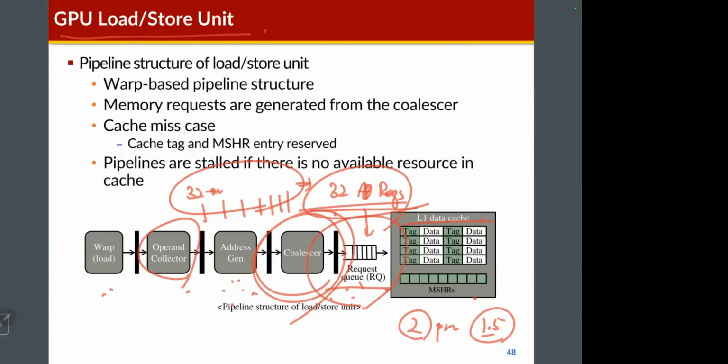I mentioned that GPUs can run 100 or 1,000 threads concurrently, and the problem is that if 100 or 1,000 threads execute memory-related instructions, it will consume other resources in the GPU memory subsystem. And that's not good for the performance of the GPU.